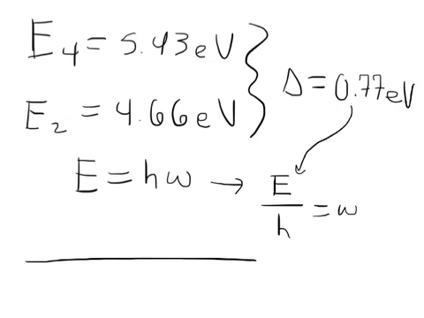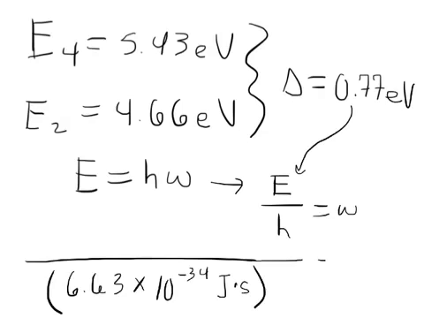Planck's constant was given as 6.63 times 10 to the negative 34, and the units were joules times seconds. That's Planck's constant. And the unit of energy is 0.77 electron volts. But we can't have electron volts because look at the denominator. What kind of energy do we have in the denominator? We have joules, right? So we can't leave that as electron volts. So we have to multiply.